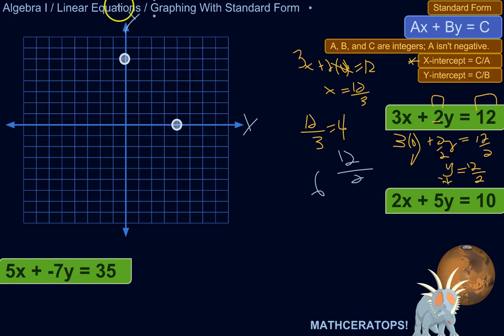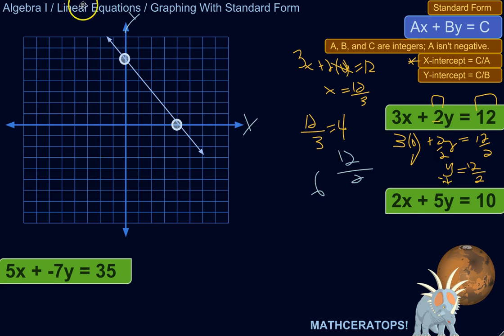Now I can connect the points like that. Let me adjust it so it actually goes to that point. Yeah, so then connect the 2 points. That's all there is to it.